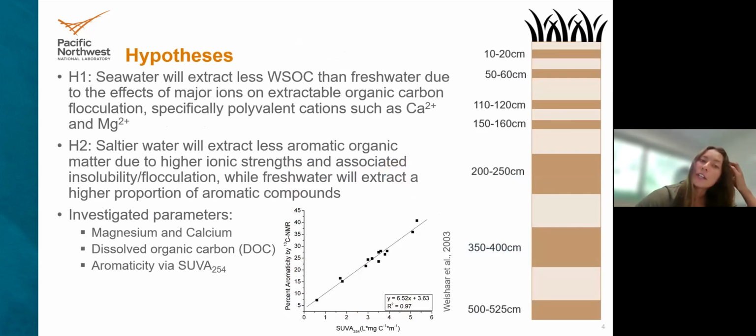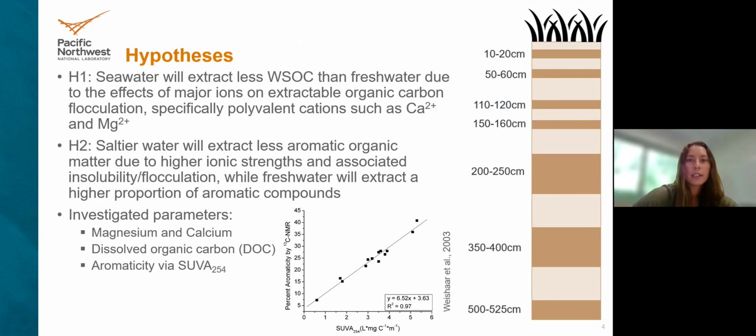For my project, we were interested in seeing how soils taken from the same coastal ecosystem as the TEMPEST plots would respond to freshwater versus seawater exposure. In particular, we exposed soils from 7 different depths, which you can see here on the right, to both freshwater and seawater treatments in order to test our 2 hypotheses pictured here.